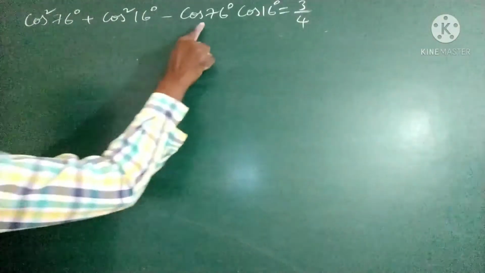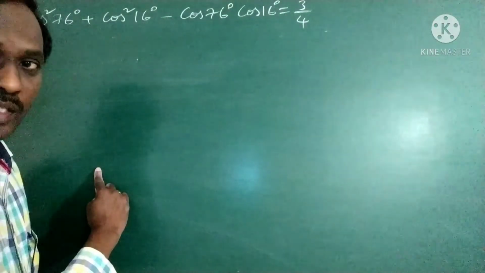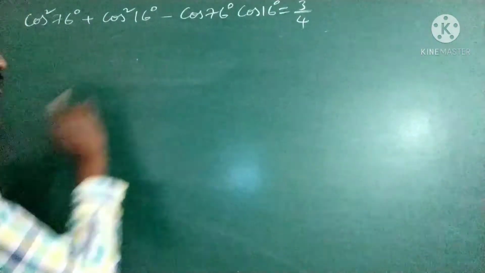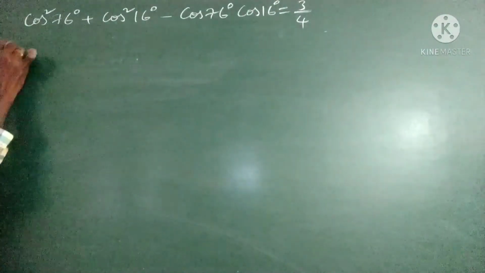What are the square formulas we have? Cos square A minus sin square B is equal to cos A plus B into cos A minus B. Like that, you have to use. Whenever there is a product, like 2 sin A cos B, 2 cos A sin B, the product into sum or difference form we have to write. So now the solution to the problem.